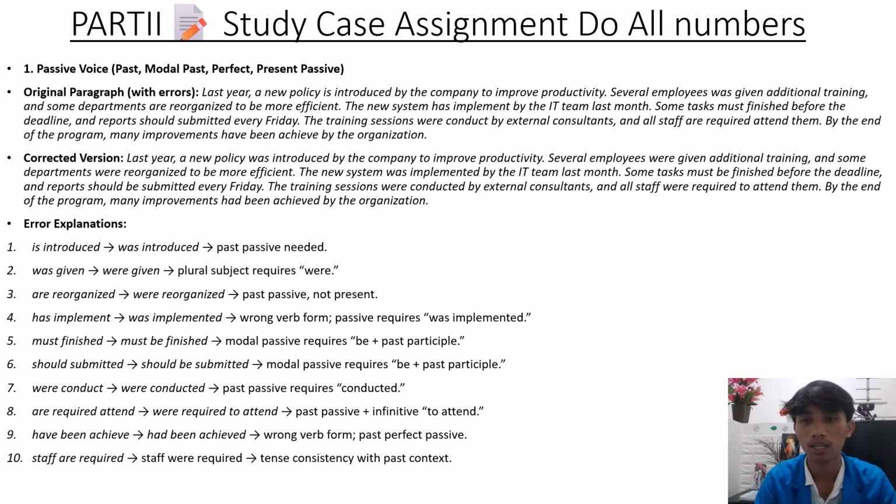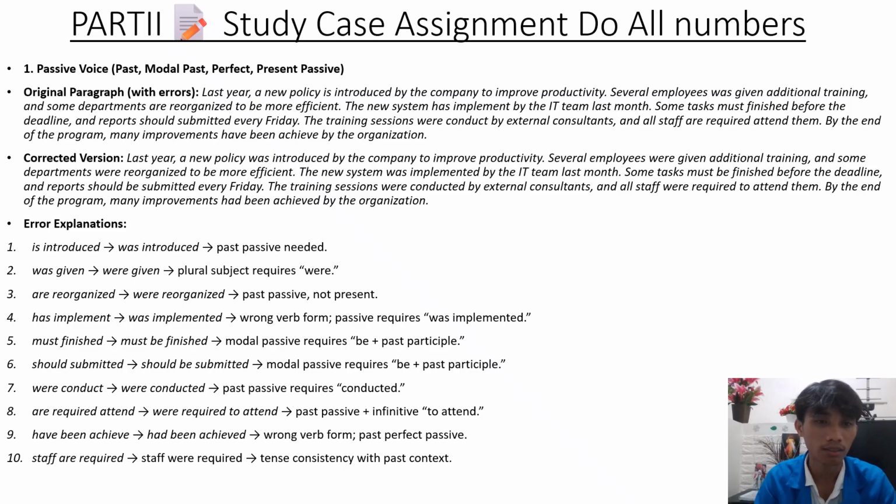Some tasks must be finished before the deadline, and reports should be submitted every Friday. The training sessions were conducted by external consultants, and all staff were required to attend them. By the end of the program, many improvements had been achieved by the organization.